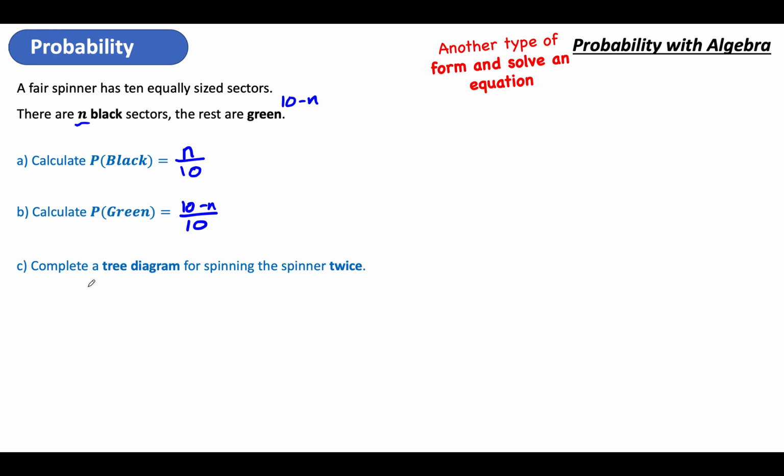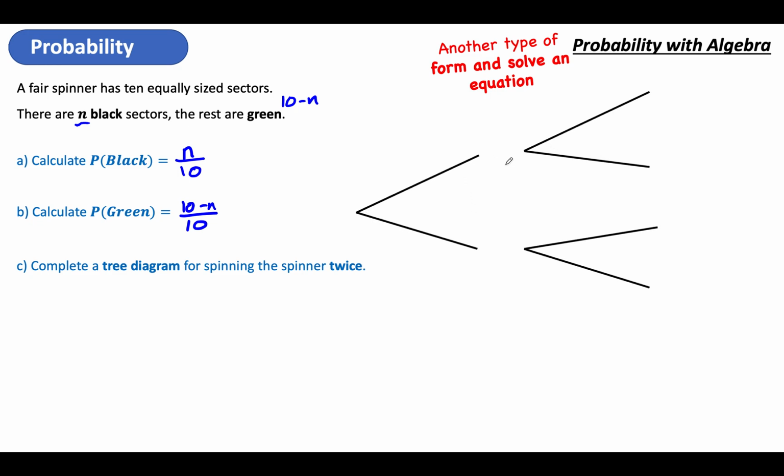And then complete a tree diagram for spinning the spinner twice. Okay, so let's give all our little branches there. And we've got possibilities of either black or green, black or green, black or green. And the probability of black we know is n out of 10, and the probability of green is 10 minus n, because that's how many green ones there must be, the total minus n, divided by 10.